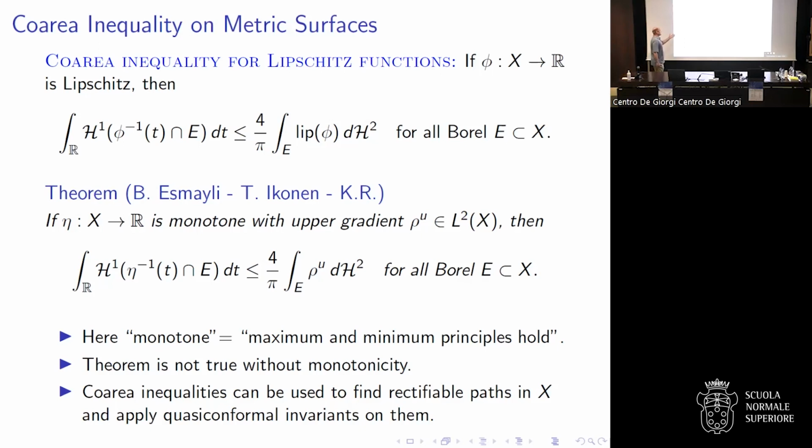And the idea is the same. These kinds of functions typically arise if you minimize some energy involving the upper gradient, so finding some kinds of harmonic functions. These functions can be found just by abstract nonsense.